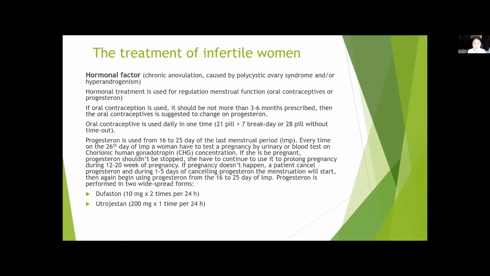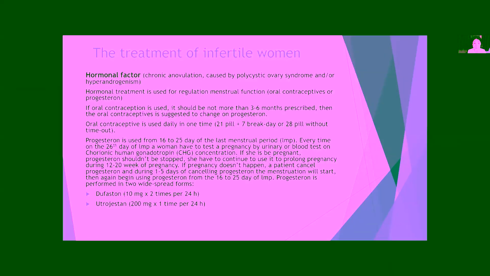On the 26th day of LMP, a woman has to test for pregnancy by urinary or blood test on chorionic human gonadotropin concentration. If she is pregnant, progesterone shouldn't be stopped.